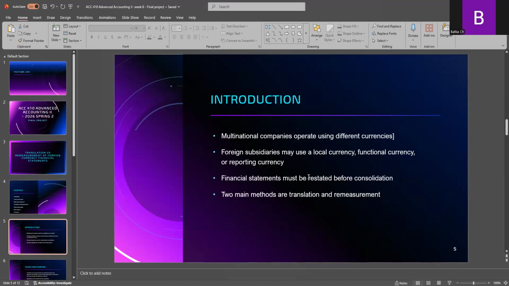So before the parent company can prepare consolidated financial statements, the foreign subsidiary's financial statements must be converted. To do that, the two main methods are translation and remeasurement.